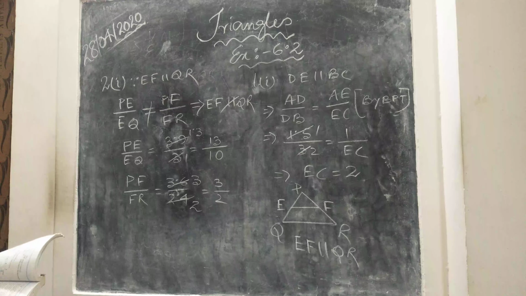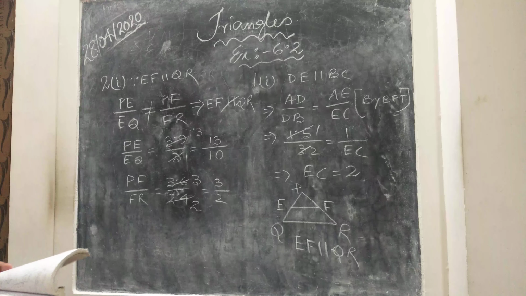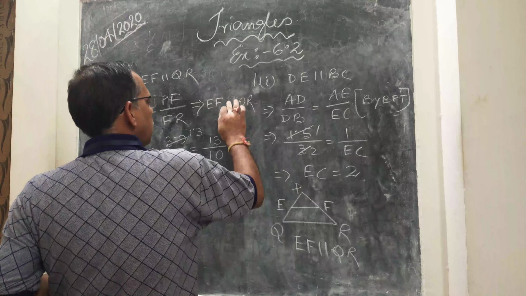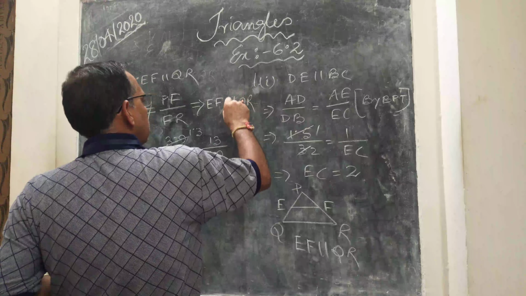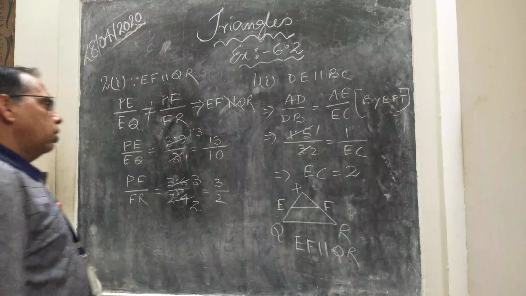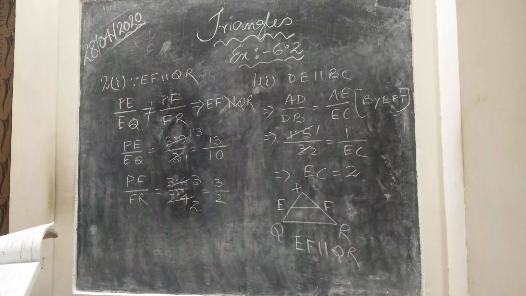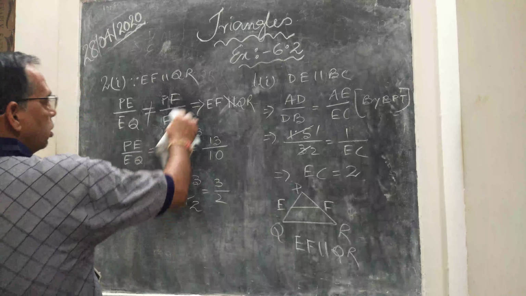Clear? So this is the way you have to check whether it is parallel or not. Okay. You can write down this way also. I think better you write down this way. Not parallel. Okay. So this is gone. Now let's see question number 3. So 2 things I have done.